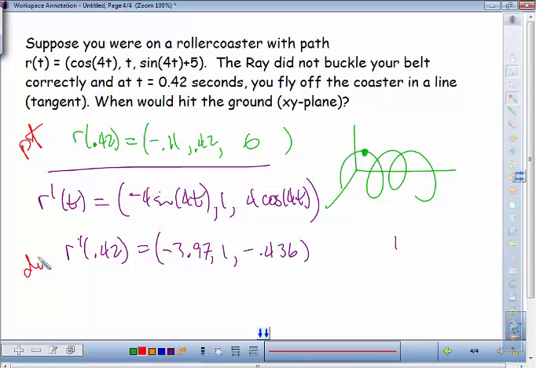This is your direction. And then you would have a point and a direction. You would find the equation of that line. So you would put this in an equation of a line, and then you would draw that line. And then eventually it'll hit the xy plane when you set z equal to 0.